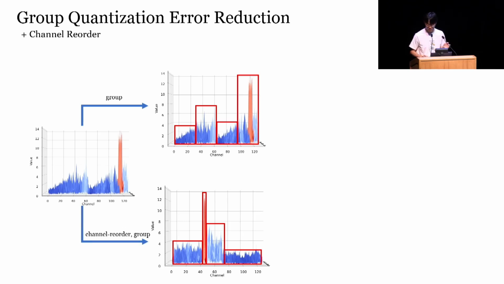In our method, instead of grouping adjacent channels, we cluster channels with more similar numeric distributions. Then we reorder to gather the channels in one cluster together to form a quantization group. We find the clustering highly reduces the number of outliers within a group.